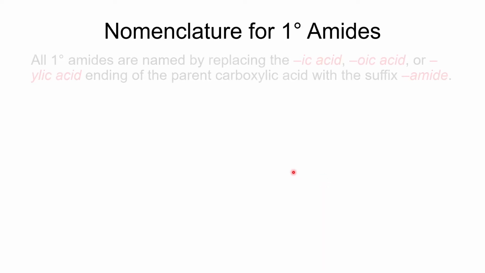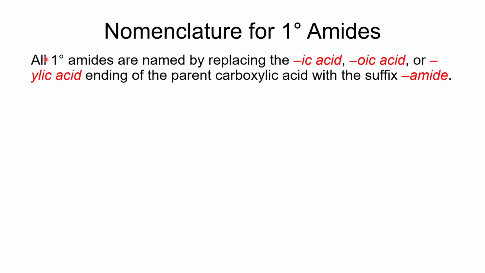All right, amides. We'll start with primary amides. All of our primary amides are pretty easy. We just change the ending from ic acid or oic acid, like if we have propanoic acid, if we're using some of the common names, or ylic acid, if it's a carboxylic acid, to amide. And many times this is pronounced differently.